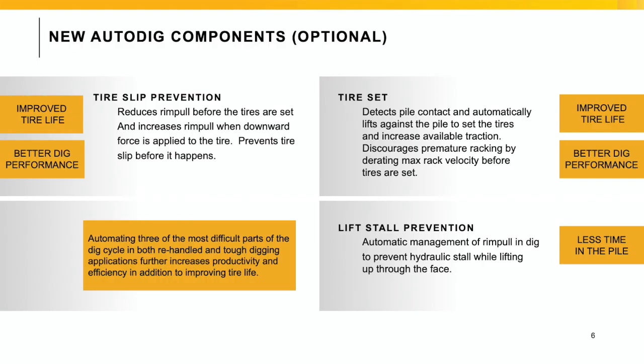Now, also related to the idea of not spinning the tires, this is my favorite feature, the tire set element of Dig Assist. This is a hard part of the digging cycle for an operator to manage. It's really hard to tell by a seat of the pants feel exactly at what point the bucket is far enough into the pile where you can use your lift command and therefore pin the tires and add that extra traction to the front tires.